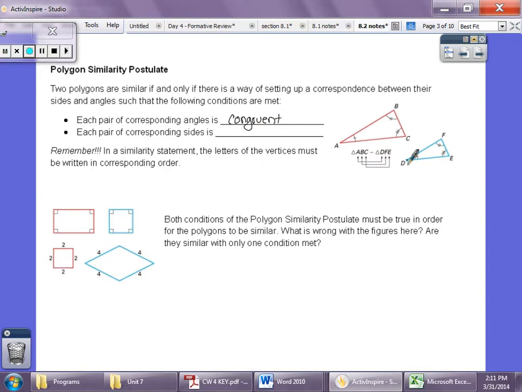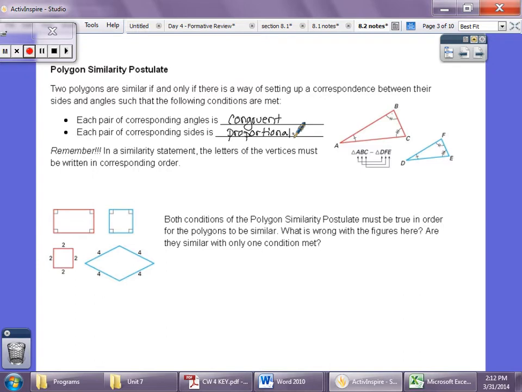So A is congruent to D, B is congruent to F, and C is congruent to E. So they all have to be congruent to each other. And the corresponding sides are proportional. So the angles have to be congruent and the sides have to be proportional. If this is true, then the two figures are similar.